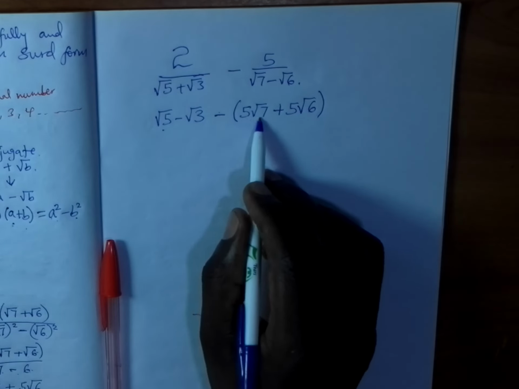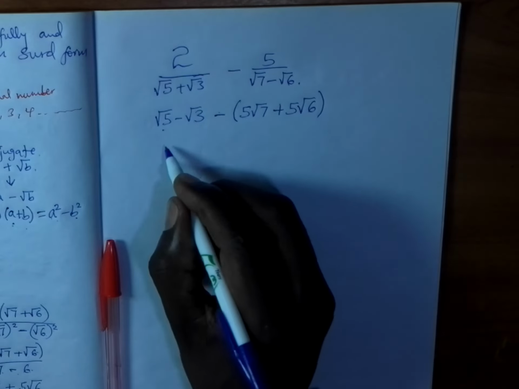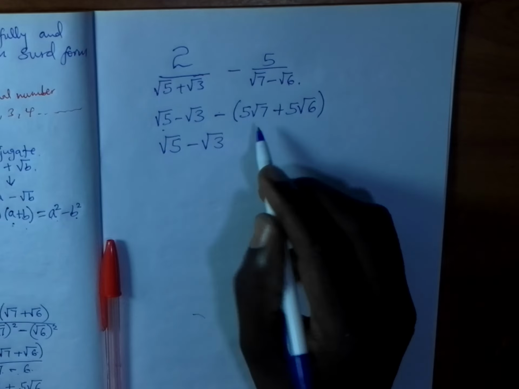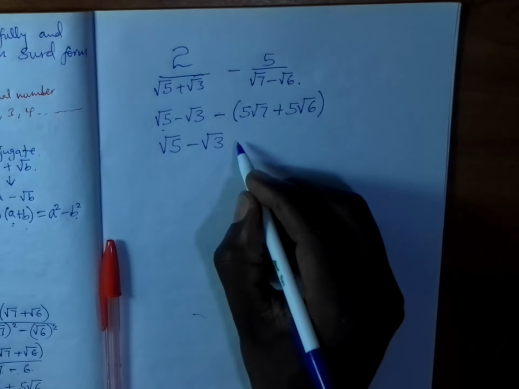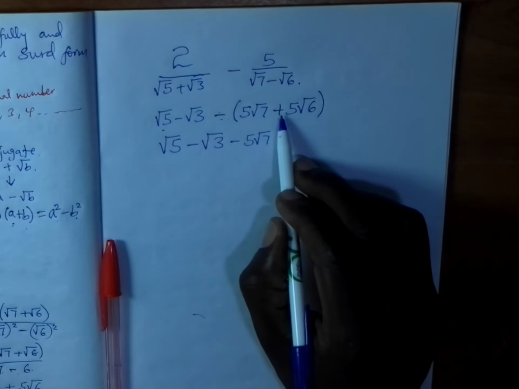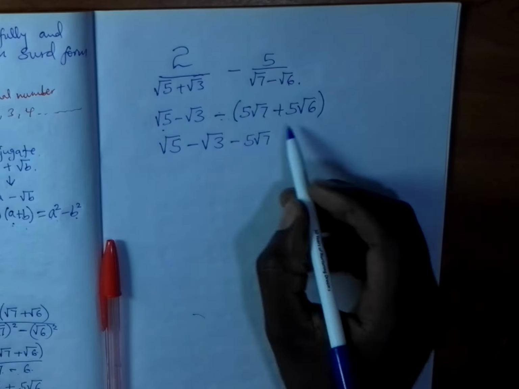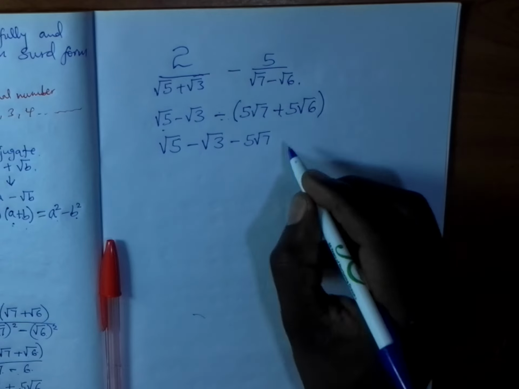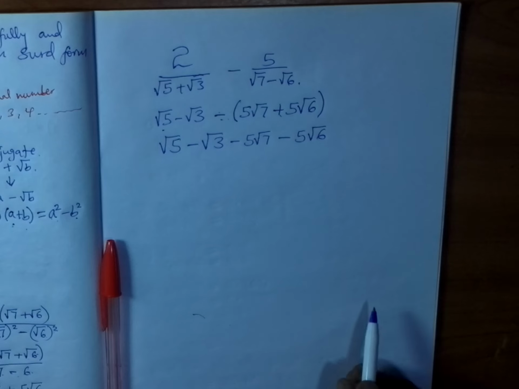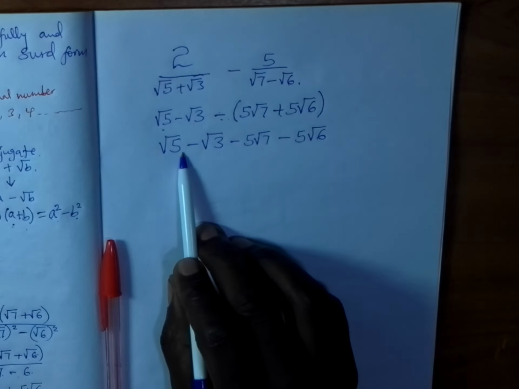So let us simplify this. This will be root 5 minus root 3, open the bracket. So this will be minus 5 root 7. Again minus plus, so negative times positive, that will be minus 5 root 6. So let us check whether it is simplified.